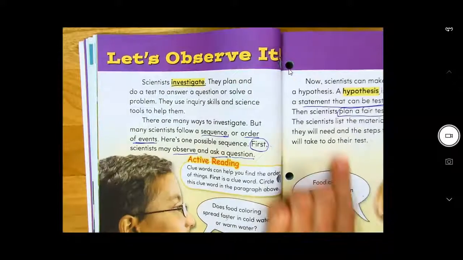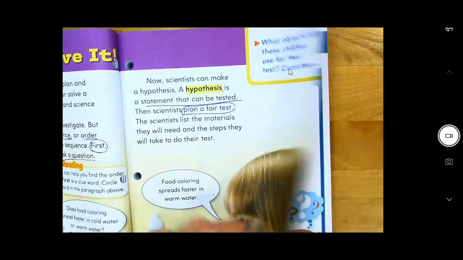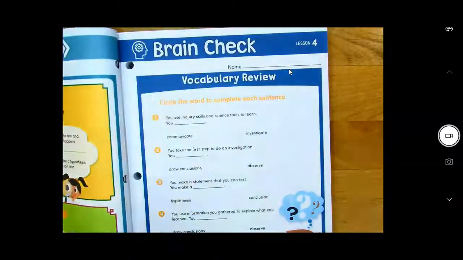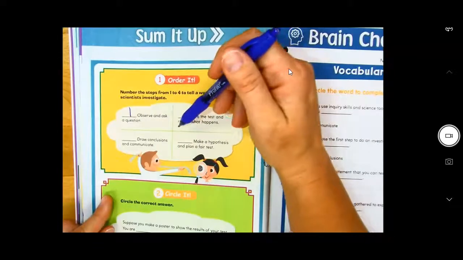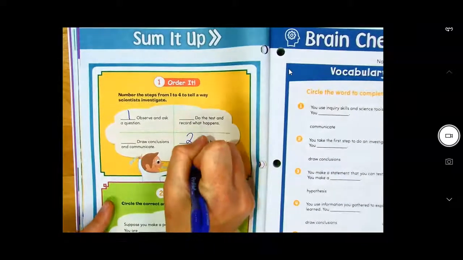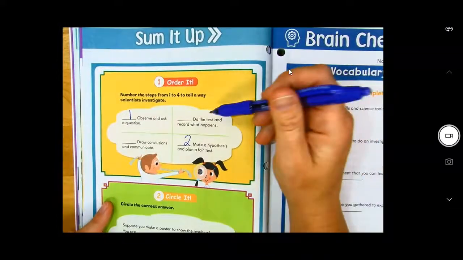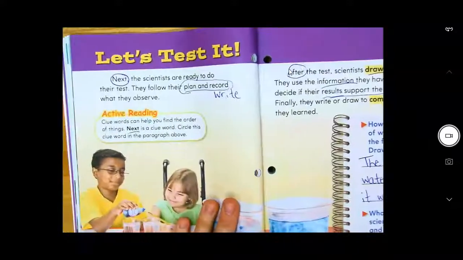Okay, what is the second thing they do? Now scientists can make a hypothesis. Draw conclusions. Whoops. Nope. Make a hypothesis. There it goes, right there, number 2. Okay, let's go back. So then the third thing they do is right here.